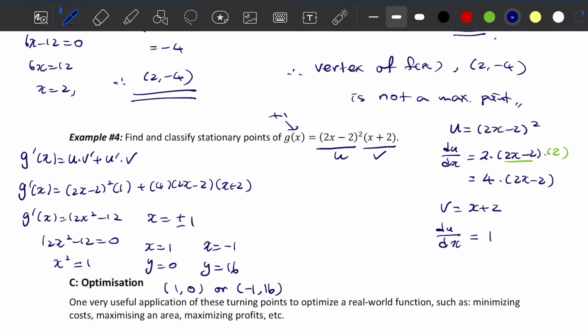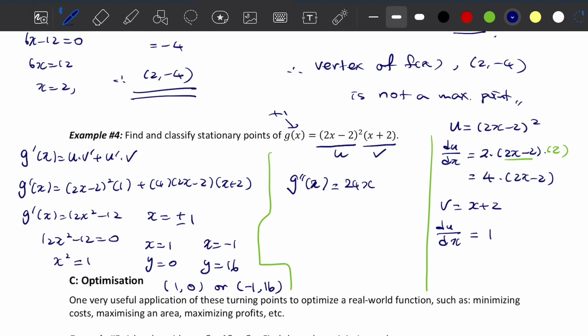Now we need to figure out whether these are minimum or maximum values. To figure that out, we need to find the second derivative. The second derivative of the function g of x is 24x. When x is equal to 1, we get a second derivative of 24. When x is equal to negative 1, we get a second derivative of negative 24.